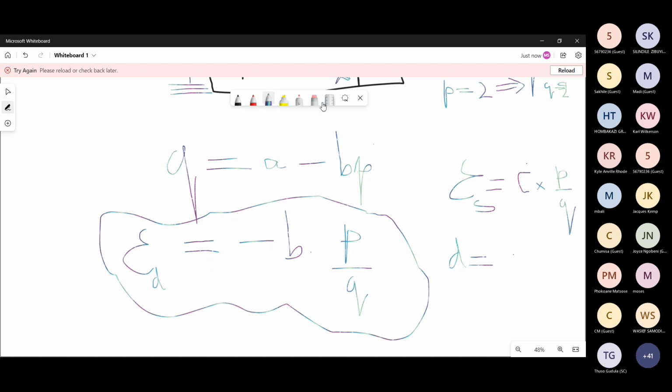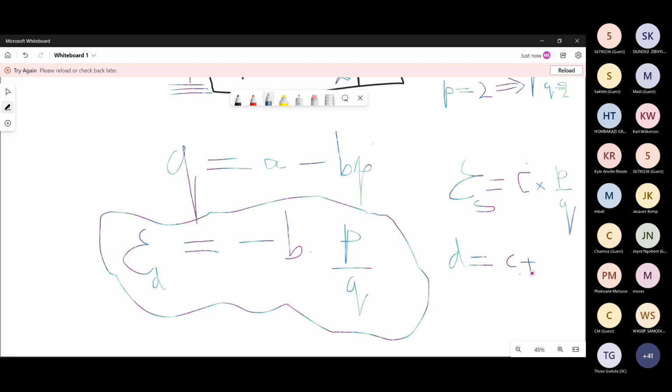Look here, okay, the supply function is C, right, plus D.